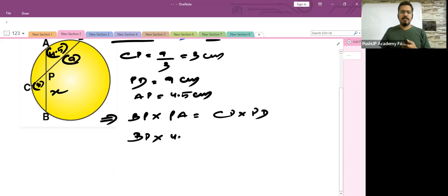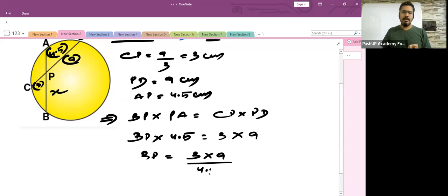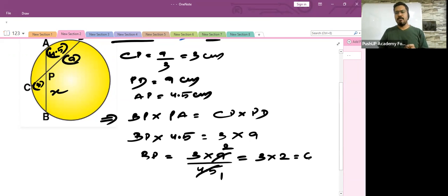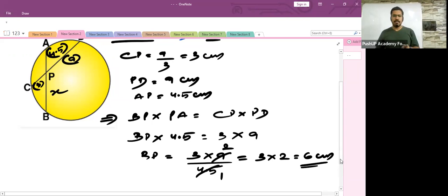Into PA is 4.5, which is equal to CP, that is 3, into PD, which is 9. Therefore, BP is equal to 3 into 9 divided by 4.5. 4.5 twos are 9. So 3 into 2, which is equal to 6 centimeters.